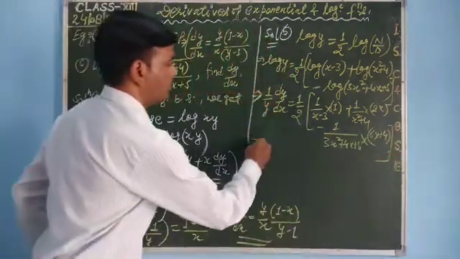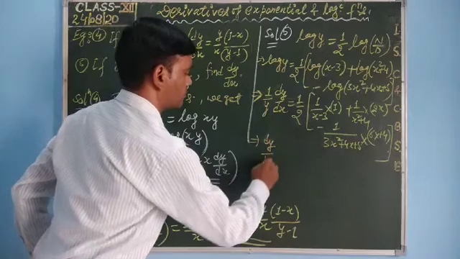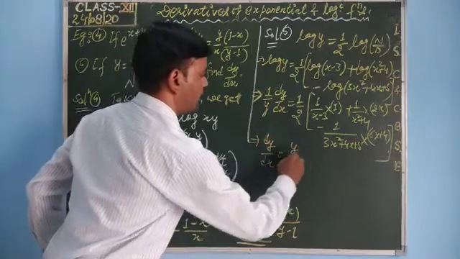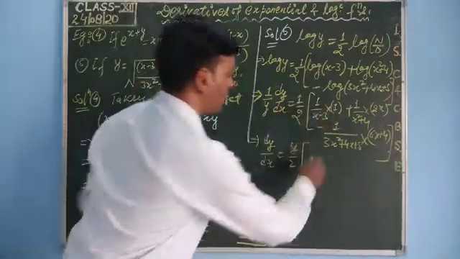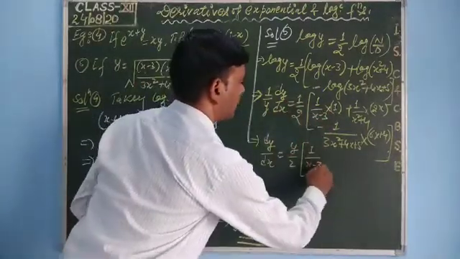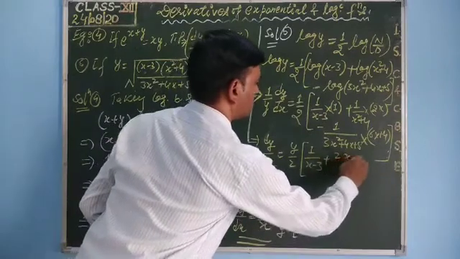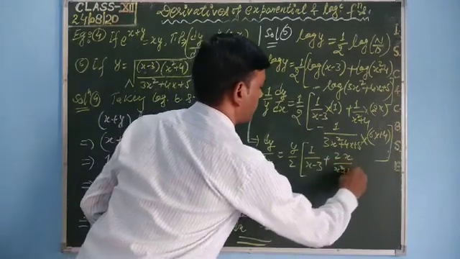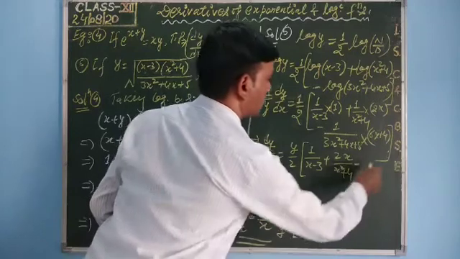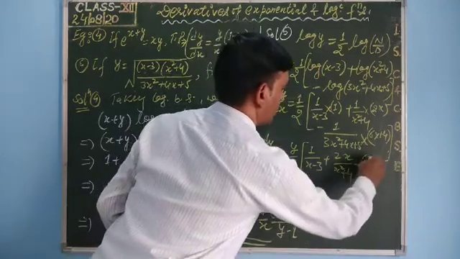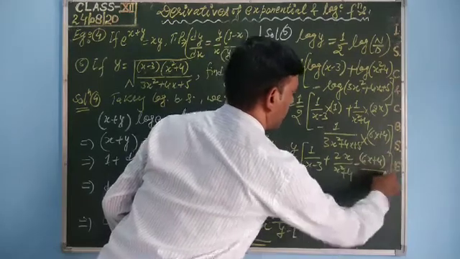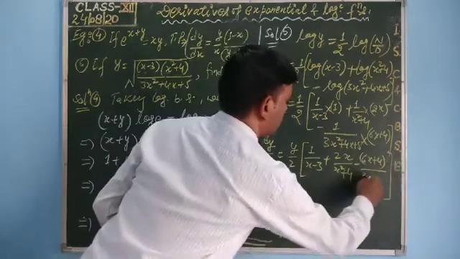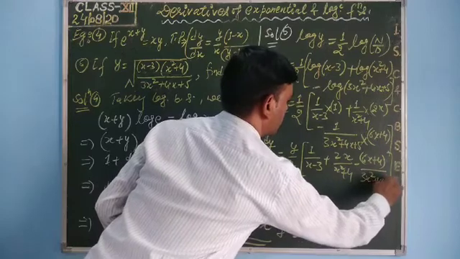Now dy by dx is equal to y upon 2, this y will go here, into 1 upon (x minus 3) plus 2x upon (x square plus 4) minus (6x plus 4) upon (3x square plus 4x plus 5).